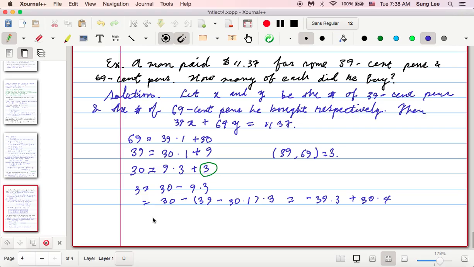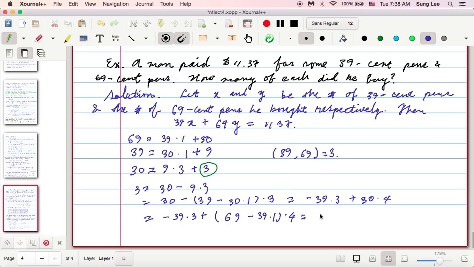All right, now this equals, by the previous step, negative 39 times 3 plus, instead of 30, I'm going to replace it by 69 minus 39 times 1, times 4.